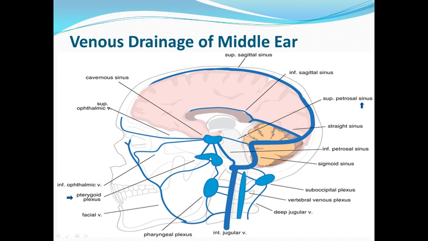So there are two venous sinuses or plexuses you have to remember in venous drainage: the superior petrosal sinus and the pterygoid plexus. These will receive venous blood from the middle ear.